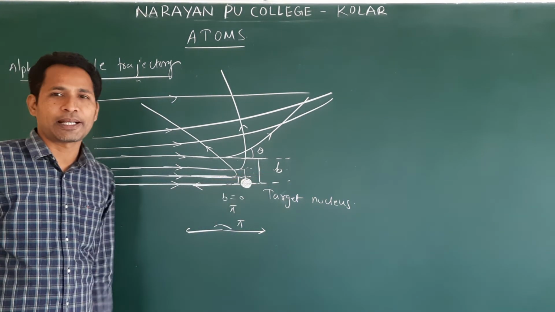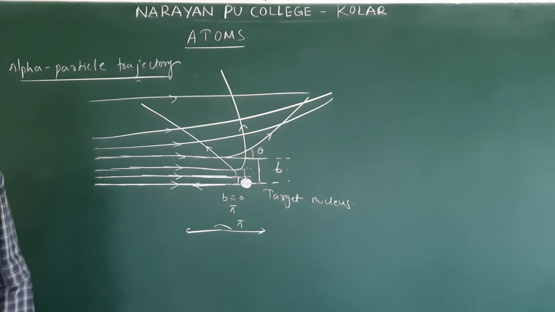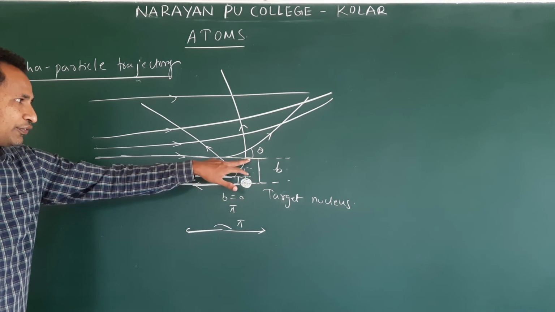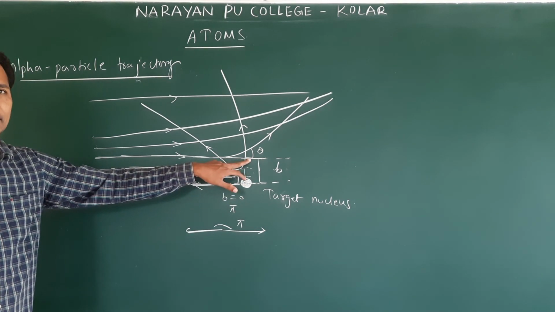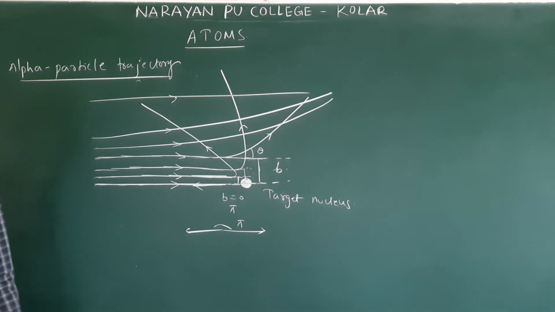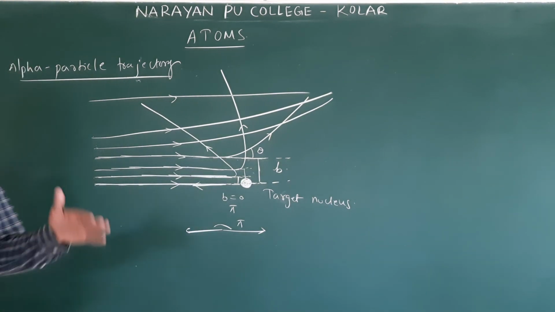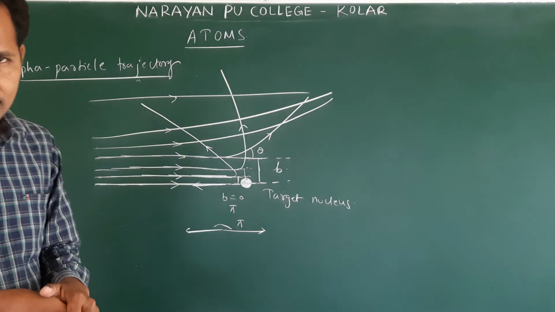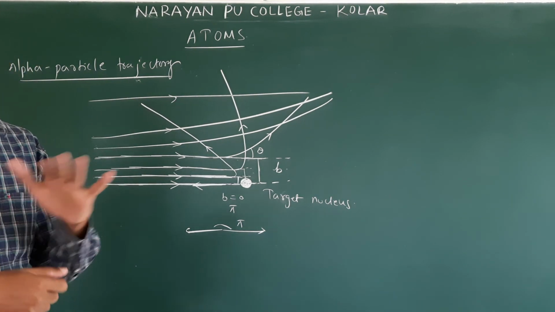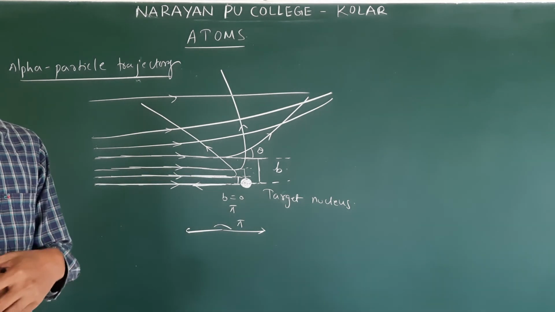So what is the impact parameter? It is the perpendicular distance from the center of the nucleus to the initial velocity direction of the alpha particle. Impact parameter large, scattering small. Impact parameter small, scattering more.